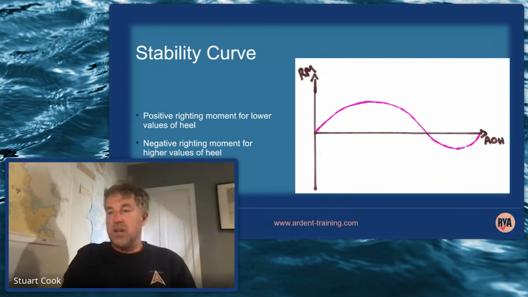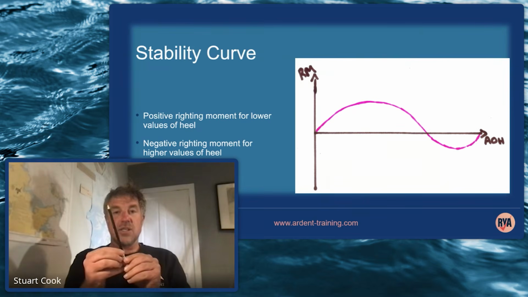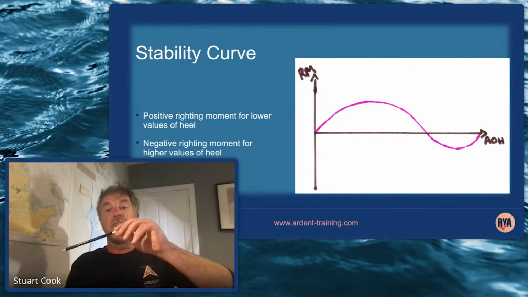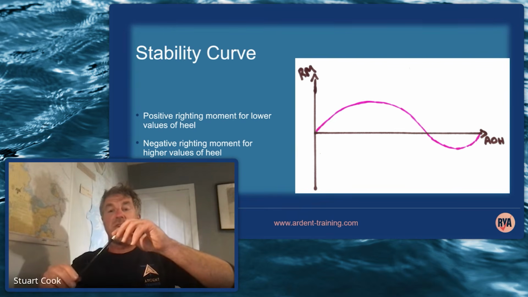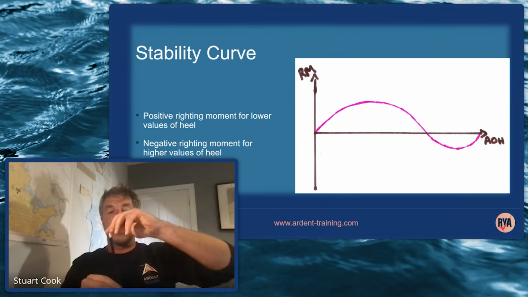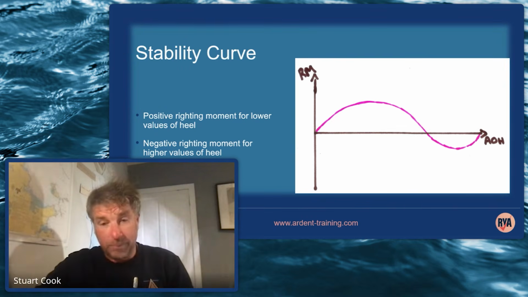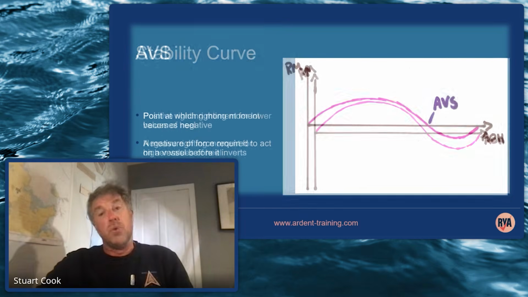So as the angle of heel increases, the righting moment increases until somewhere probably beyond 90 degrees, where it becomes 0 and then becomes negative. What that does is make our vessel want to stay upside down and become stable upside down. So what does that mean? We'll get to that in a second.